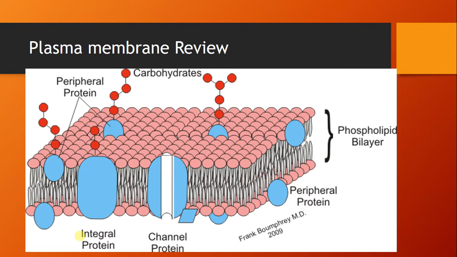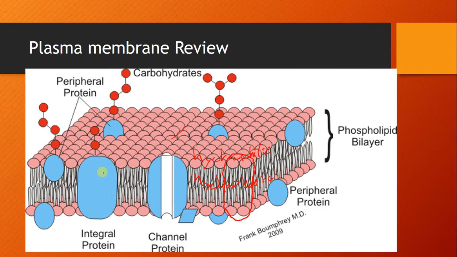Alright, lastly, just to review, we've got our plasma membrane made up of a phospholipid bilayer. They have a hydrophobic region in the middle, hates water, made of fatty acids, and a hydrophilic region, the head, made of the polar phosphate.